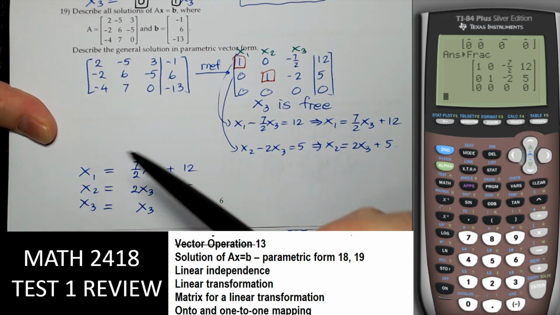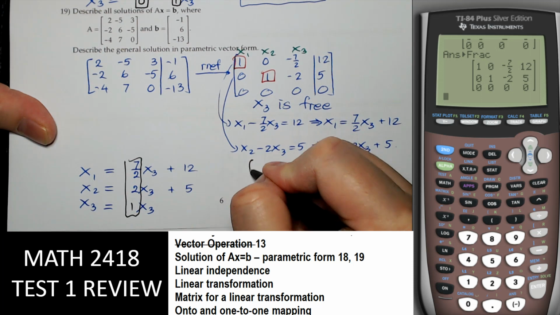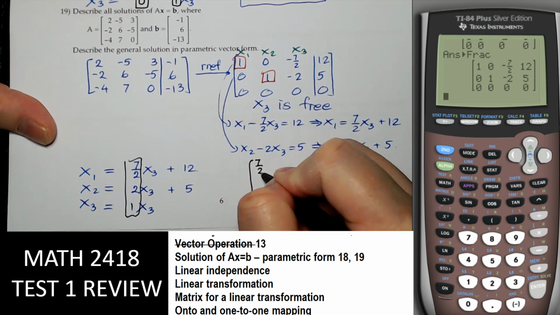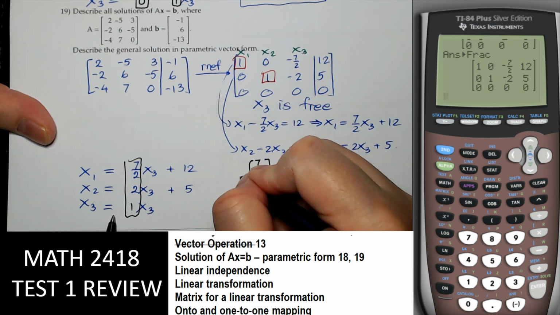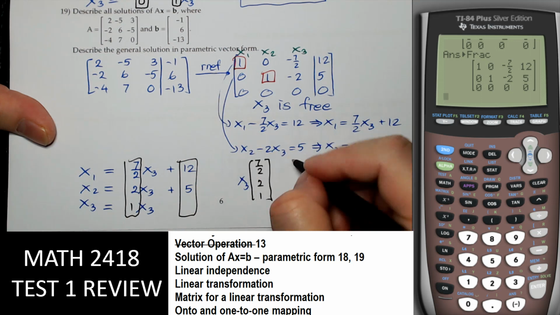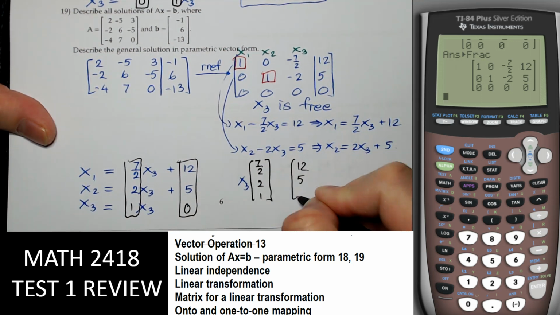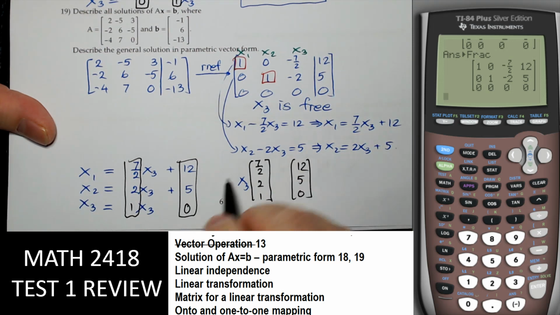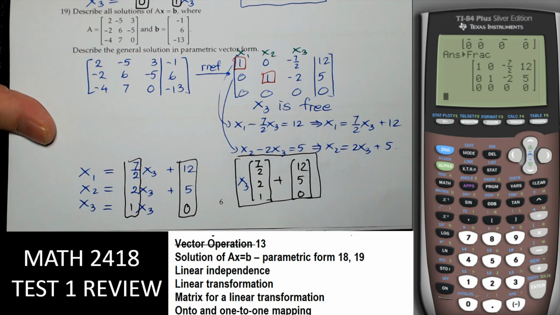Now we put all the coefficients for X3 in the vector form of 7/2, 2, and 1. That's the coefficient of X3, and then we have the constant. Put 0 there, and this is the solution in the vector form.